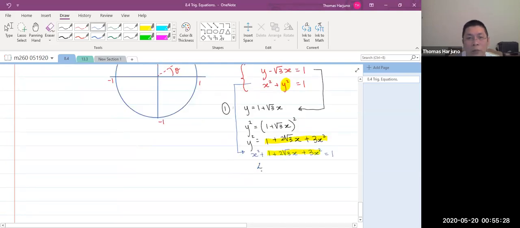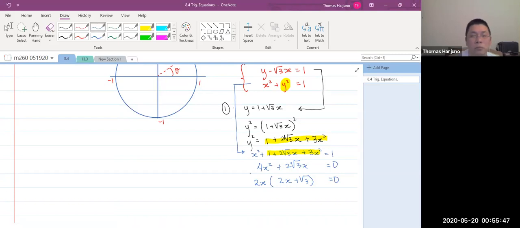I end up with 4x squared plus 2 radical 3 x equals 0. I factor the 2x out, I get 2x times 2x plus radical 3 equals 0. So either x equals 0 or x equals negative radical 3 over 2.